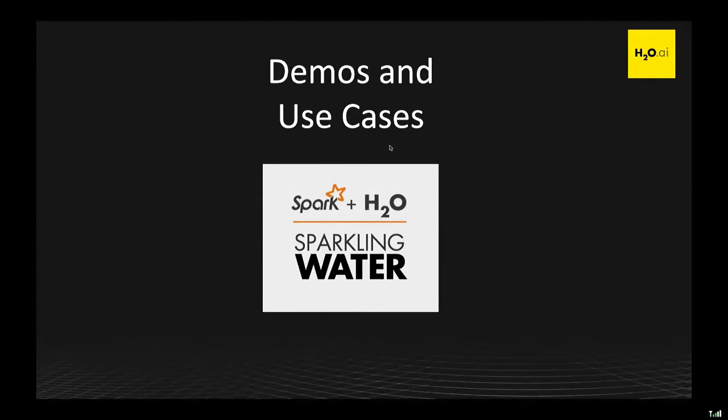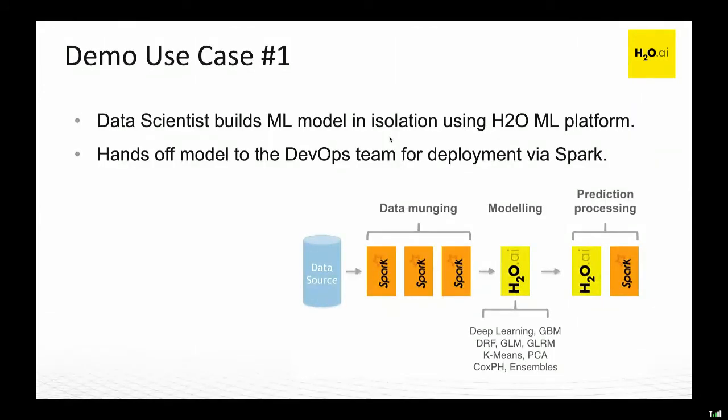Now, I will fire up a couple of demos and go over a few use cases. The first use case we'll go over is probably one of the most common that you'll see when folks are using Spark and the H2O machine learning platform. And that is that your data scientist builds a model in isolation.